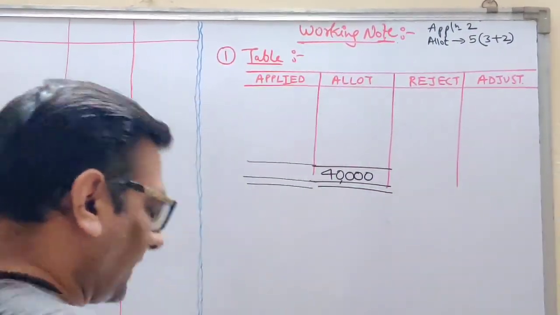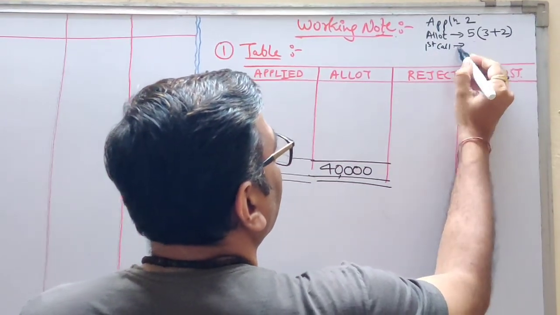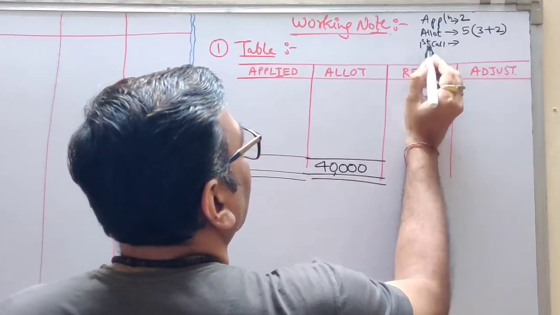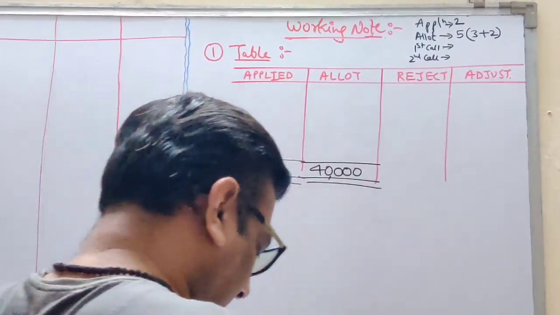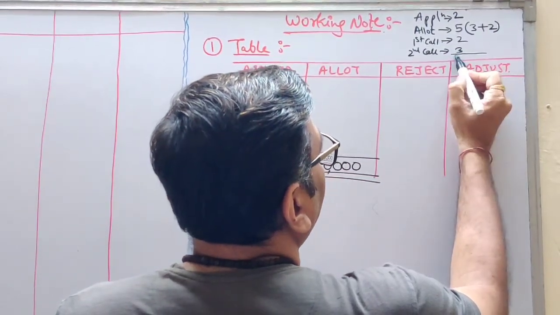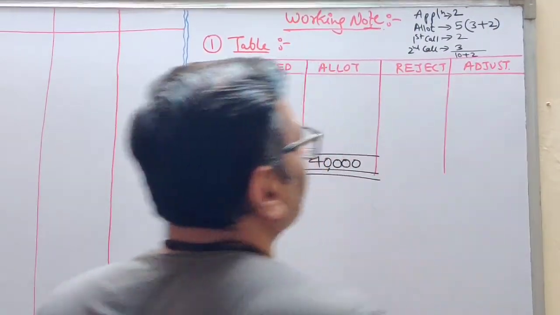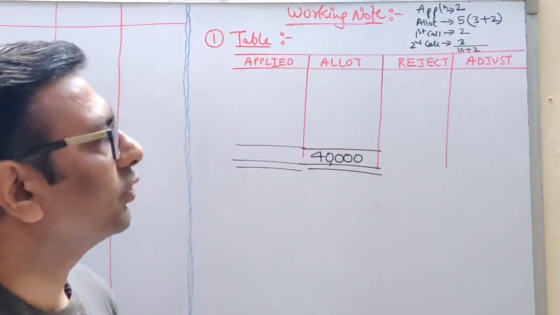After this, first call and second call. First call and second call. First call is of rupees 2 and second is 3. So that makes up total 10 plus 2. So this is what installments are given in the question.